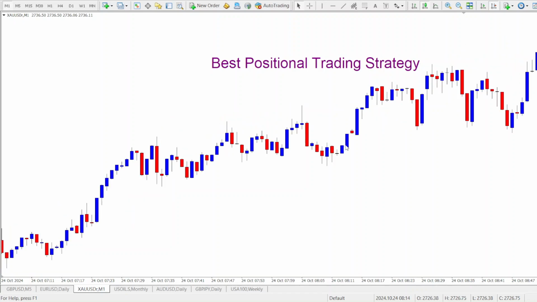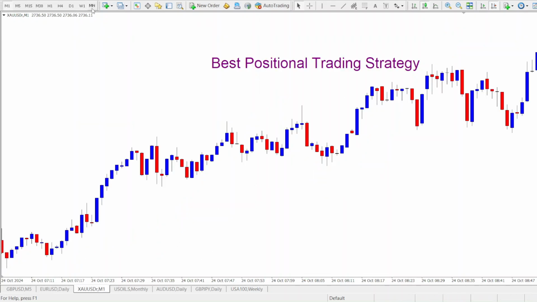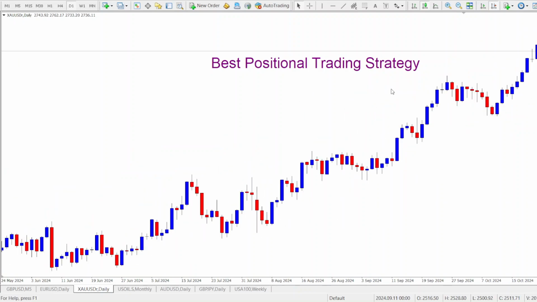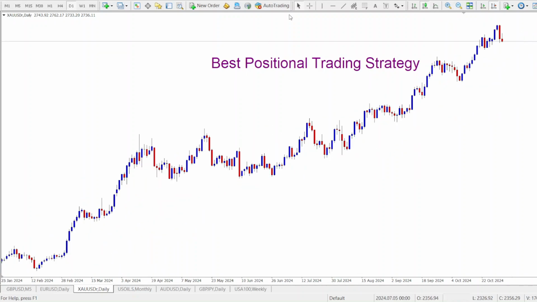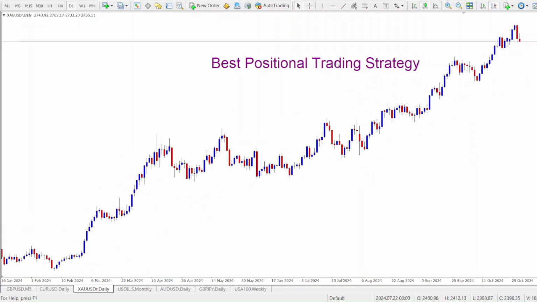Now, imagine you spot a pair or an asset that has been trending upwards. In fact, let us use gold as an example because gold has also been trending upwards for a while now.